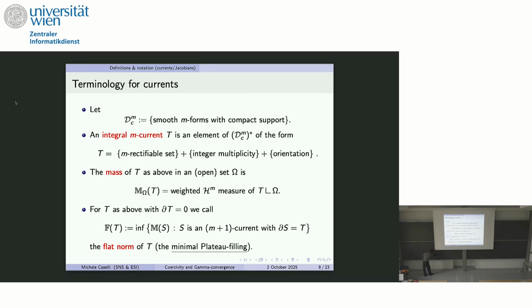So if I have a curve gamma in R3, as before, the flat norm is trying to infimize among all the two-dimensional surfaces sigma such that the boundary of sigma is gamma. Okay. Giving the minimal Plateau filling of that curve.